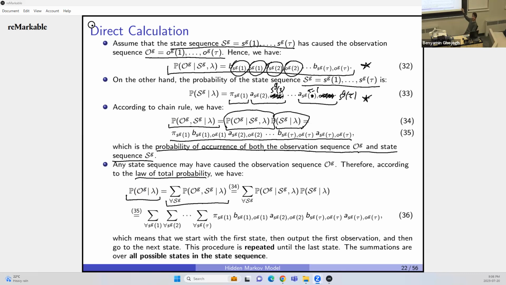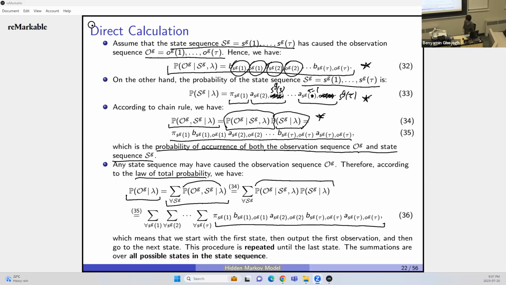Summation of P of OG and SG, where I sum over all of the possible state sequences. This is called law of total probability. Then I can write it by chain rule according to equation 34 as this, right? And also according to equation 35, so I'm replacing this with what we found here.